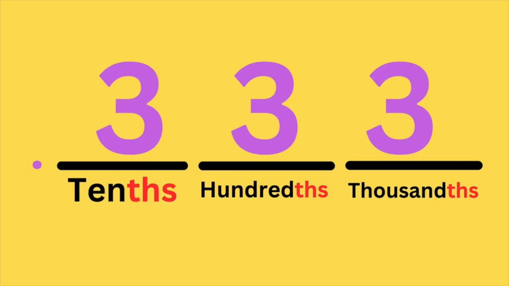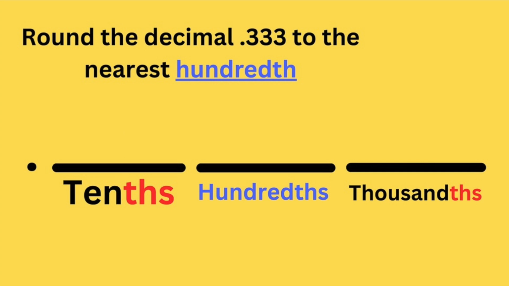So now let's look at our first example with these 3 place values behind the decimal. We have the decimal number 0.333. We have to round this decimal 0.333 to the nearest hundredth.